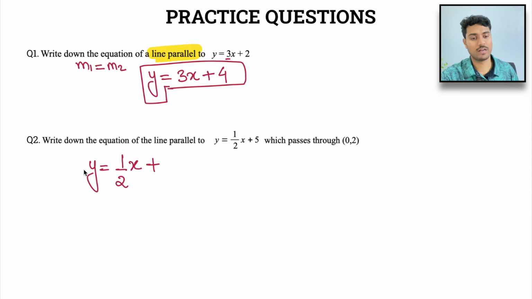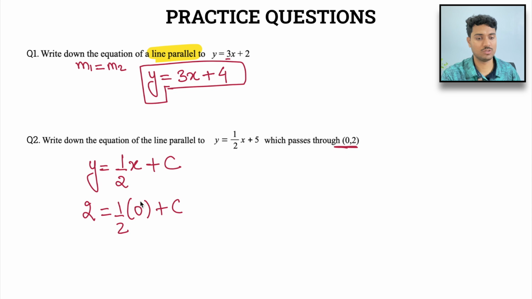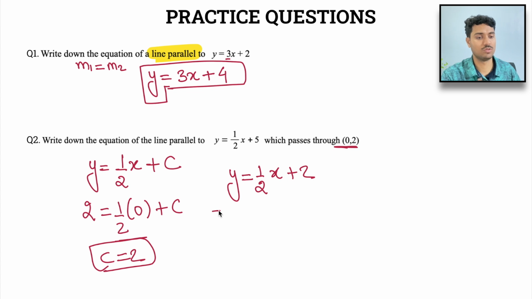Okay, so we can write y equals mx plus c. Let's say c is not known to us, but we have the x and y components known to us, so we'll substitute them here. 2 equals 1 upon 2 times 0 plus c. So this whole term will become 0, and c equals 2. That's why we cannot take c randomly in this case, and we can write y equals half x plus 2.